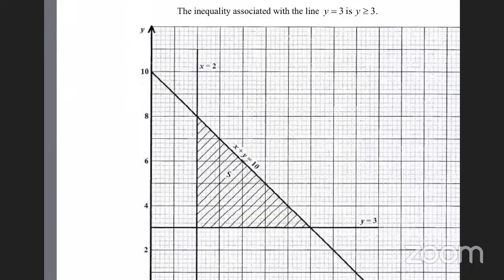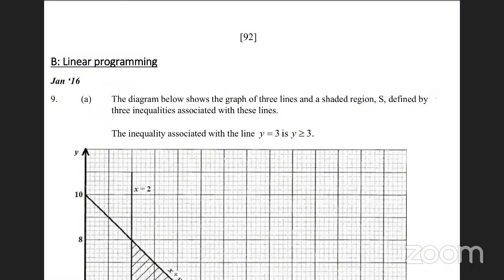So we're starting right here. If you take a look here, the diagram below shows the graph of 3 lines and a shaded area. So they gave us the lines and we have to figure out the inequality.